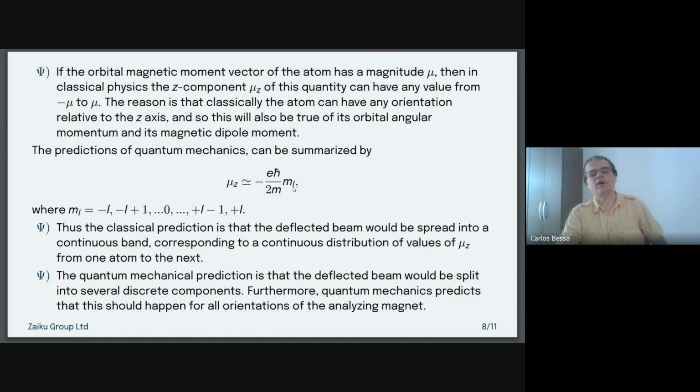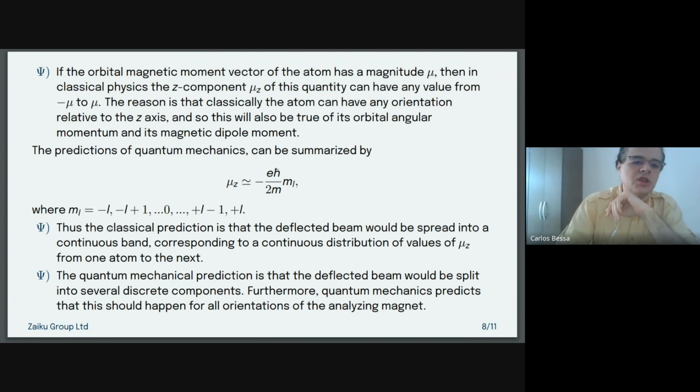And m_L is the magnetic quantum number that is given by values like this. L here, I forgot to put, is the quantum number related to the angular momentum of the atom, which is an integer value.